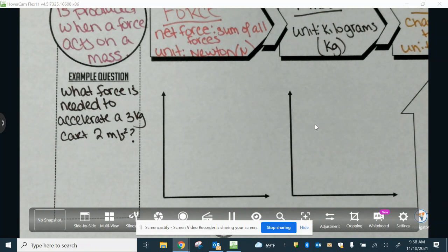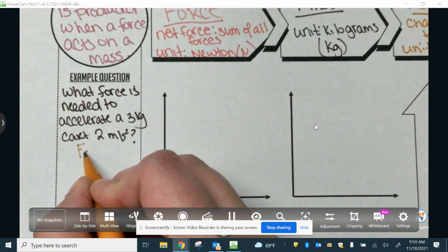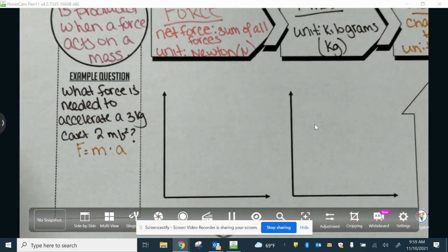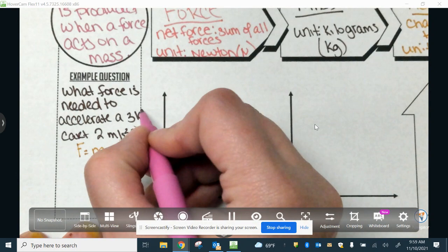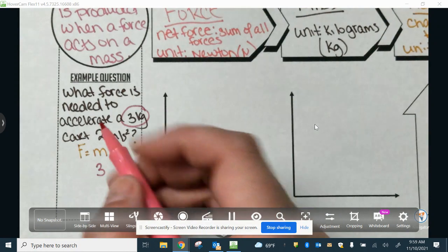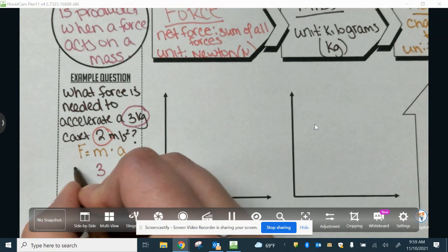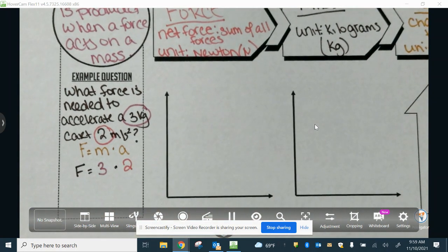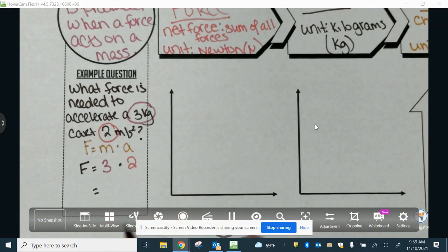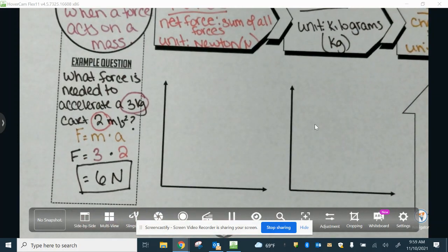What force do I need to push it with? Our formula is F equals mass times acceleration. My mass would be 3, my acceleration would be 2, so my force would be 3 times 2, 3 kilograms and 2 meters per second squared. And my answer would be 6 Newtons.